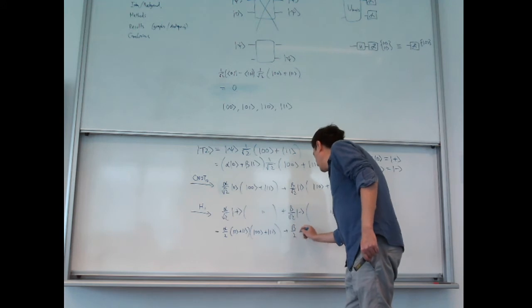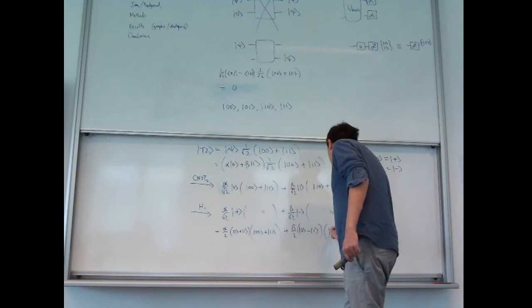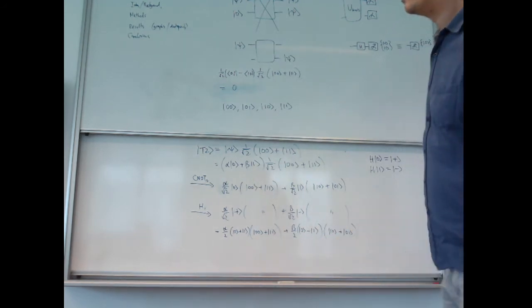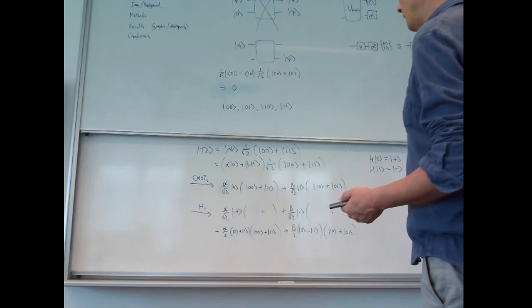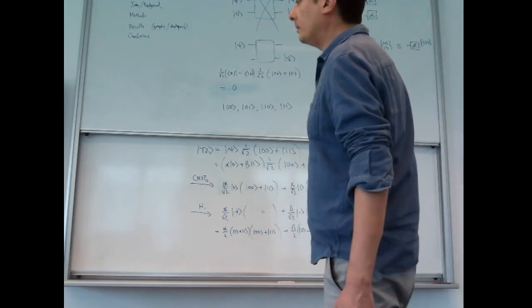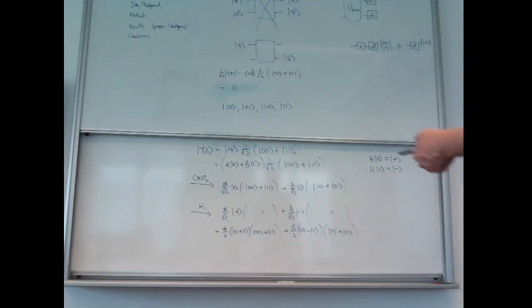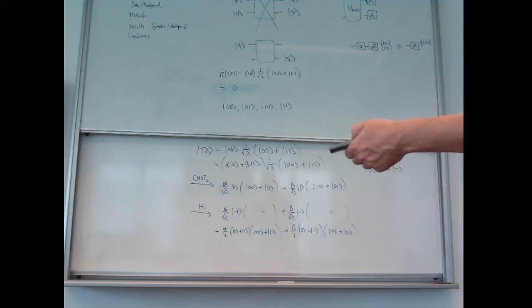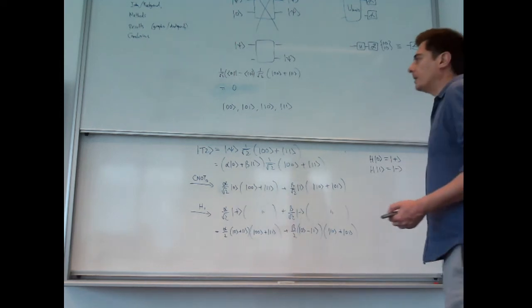This one is 0 minus 1, 1, 0 plus 0, 1. Okay, and then I can expand all that stuff out. If I expand all that out, I will get that state there. It's starting to look like a bit of a mess.